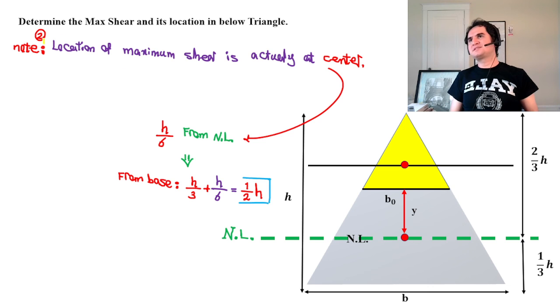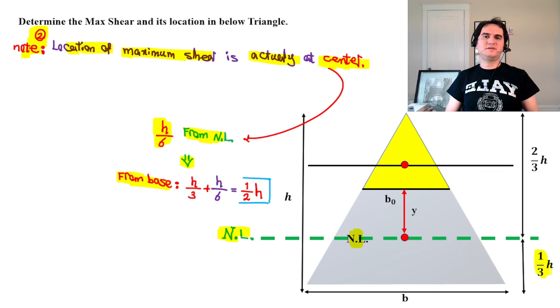The other interesting result is that the location of maximum shear is actually at the center, because h over 6 was calculated from the centroid, and from the base we know the neutral line or centroid of a triangle is located at 1/3 of h.